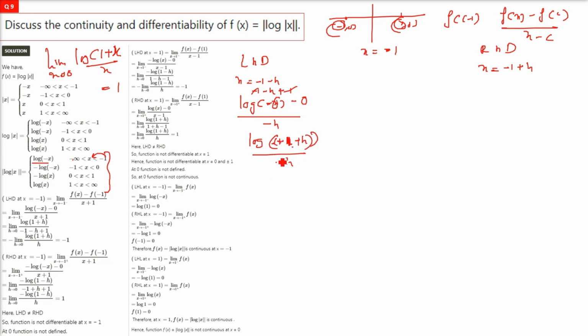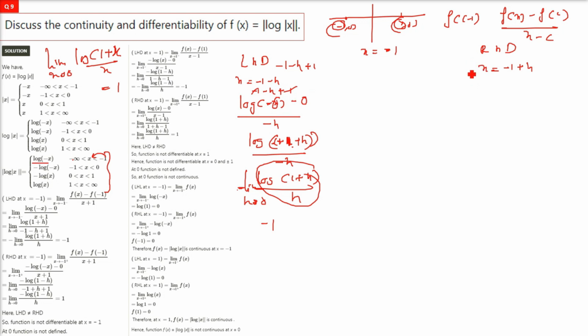You can take the negative outside, so it will be log 1 plus h by h, and you can just apply that theorem. Limit h tends to 0, please remember, you have to write it at every step. Log 1 plus h by h is going to be 1, and the negative is already outside, so it is going to be negative 1.